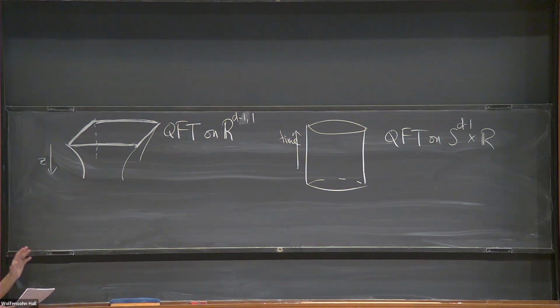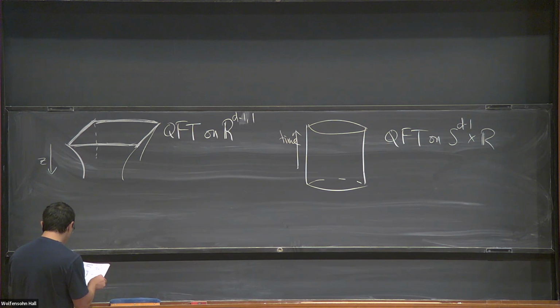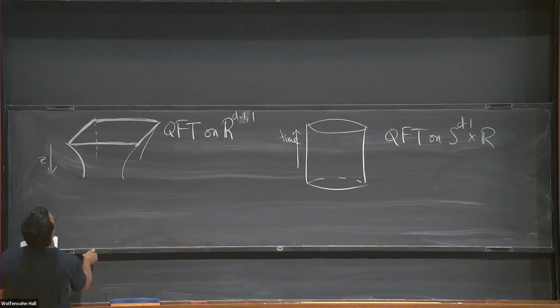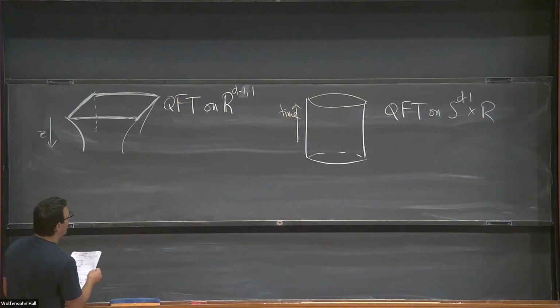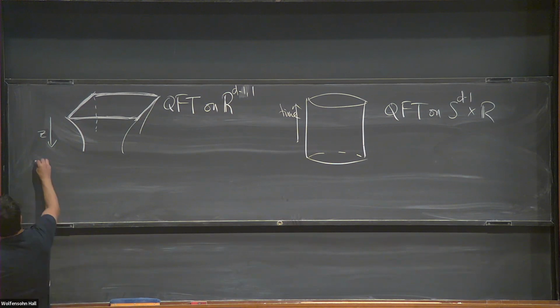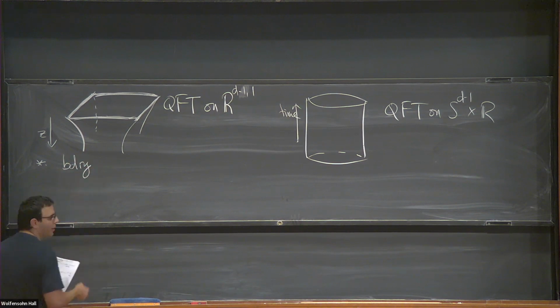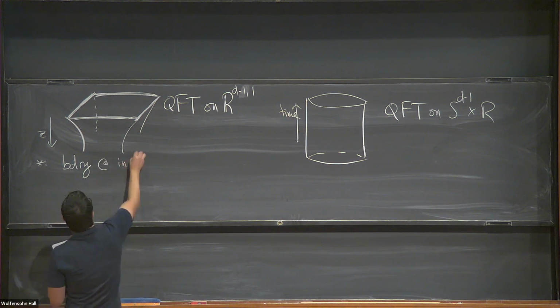And it has some properties that I think it's useful to keep in mind starting now, before I write down the specific metric. So one property is that the boundary of the space, which should be identified with the space where the QFT lives, is at infinite proper distance.